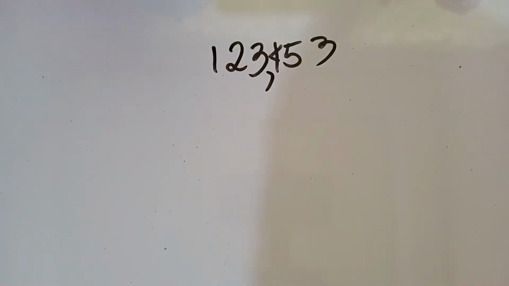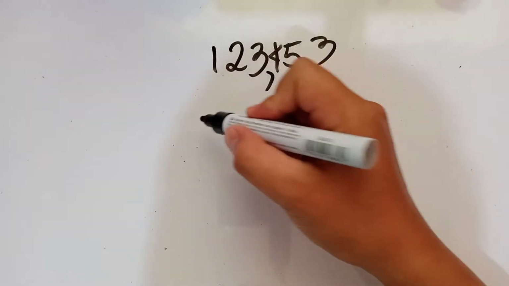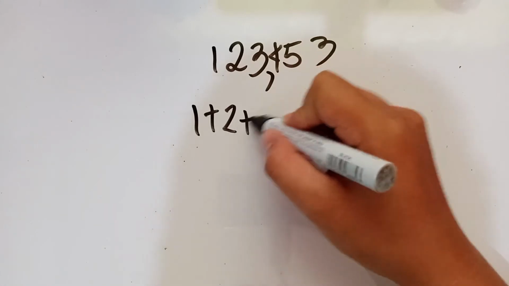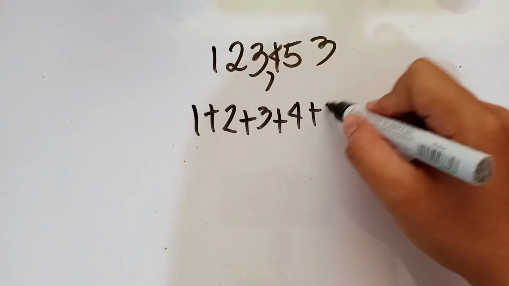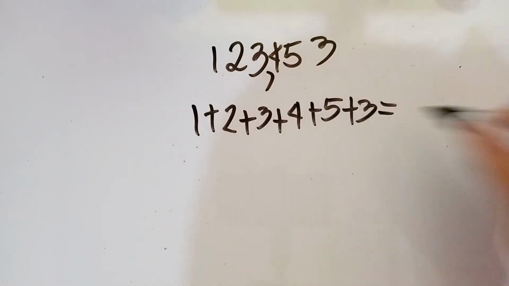Example, we're going to test if 123,453 is divisible by 9. So, para matest natin if this number is divisible by 9, all you have to do is we're going to add all the digits. Okay, so add lang po natin yung lahat ng digits.